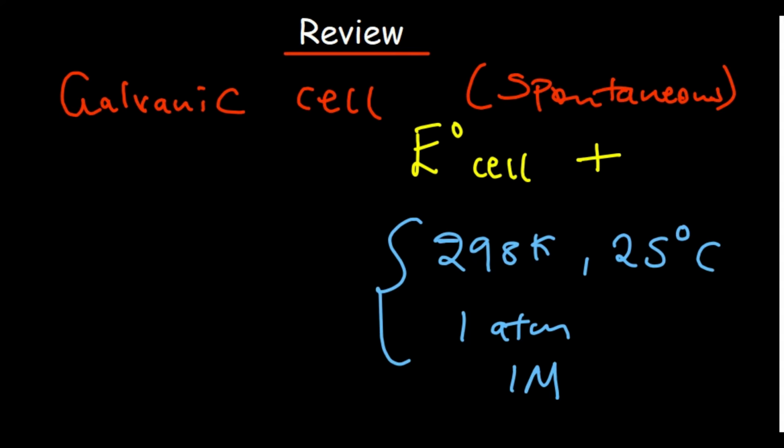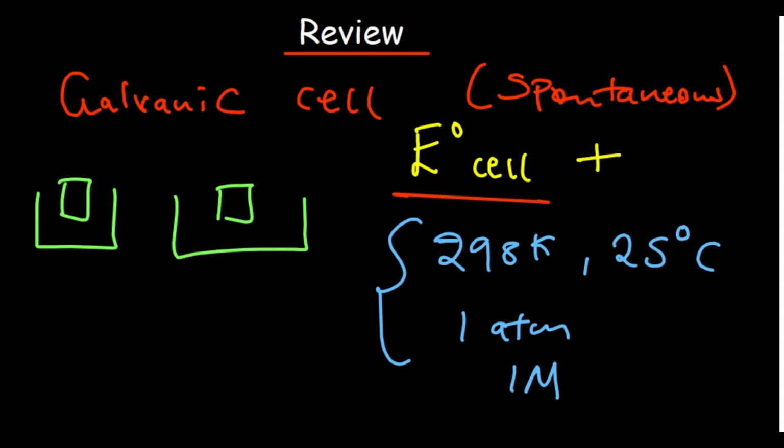So whenever the cell potential is positive, it is said to be spontaneous. What that means is when you have such a cell, you don't need any current to move the electrons. The cell itself will be able to provide the voltage required to move the electrons from one side to the other end. That's what spontaneous means.